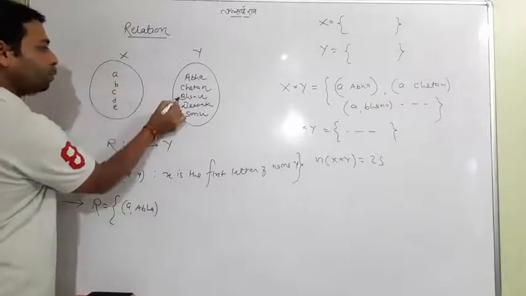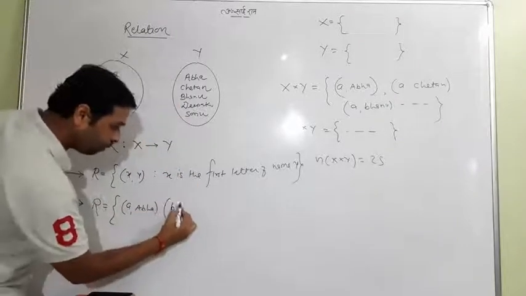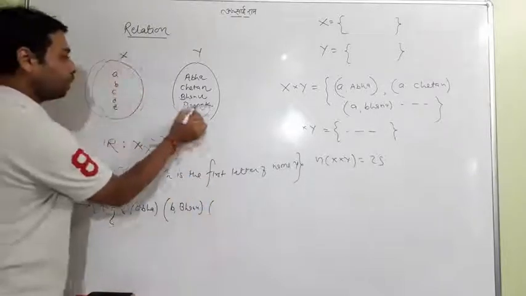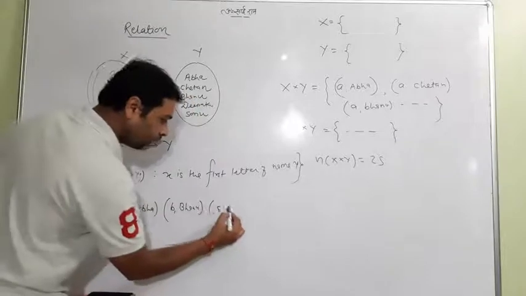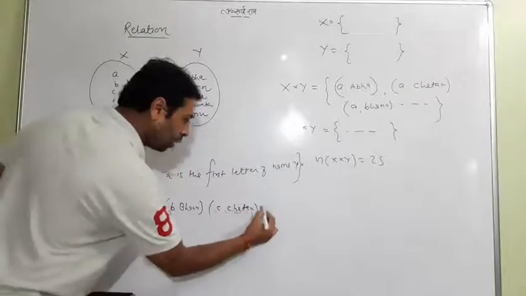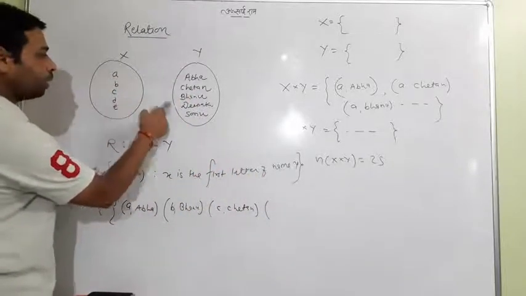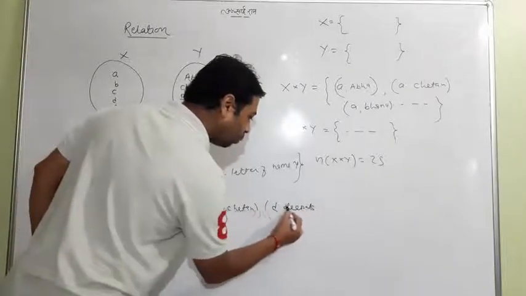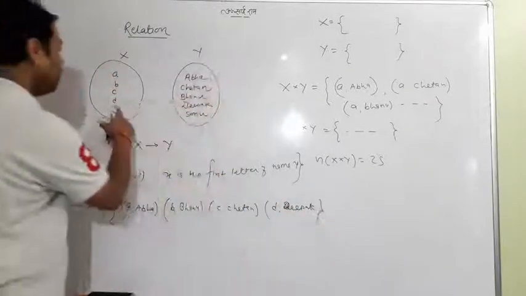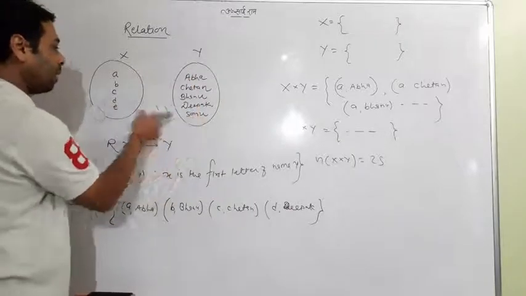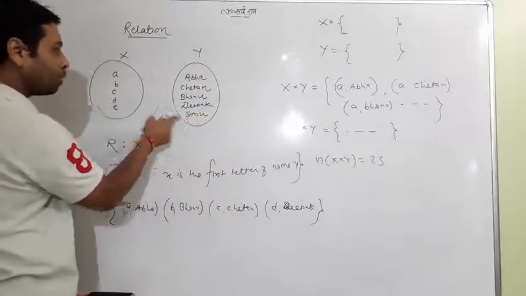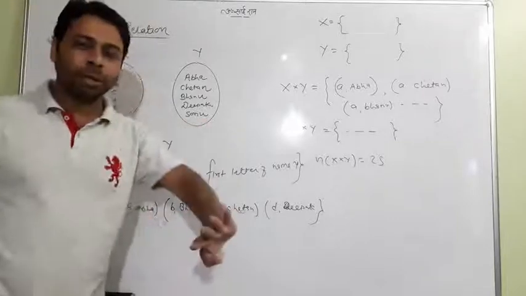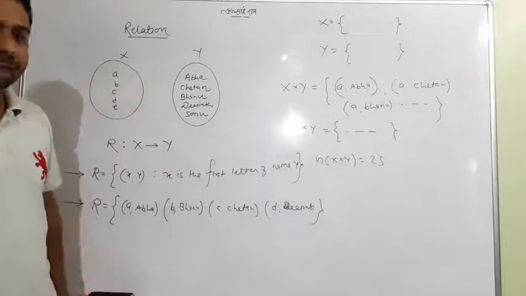B will match with Bhanu, C will match with Chetan, and D will match with Deepak. After that I am closing the list, because E does not match with anyone, and even though Sonu has first letter S, there is no S in x. So I am choosing only how many elements? 4 elements.